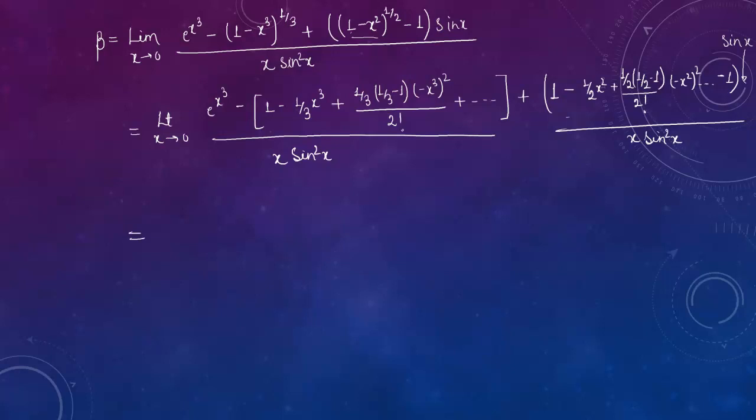So if I take this term, e to the power x cube minus 1, plus 1 upon 3 x cube minus 1 upon 3 into 1 upon 3 minus 1, minus x cube.